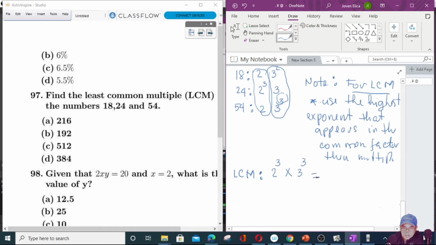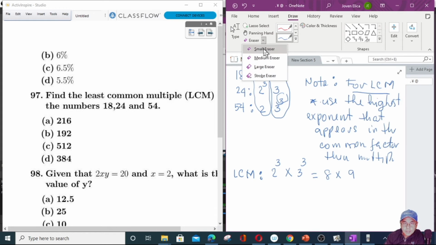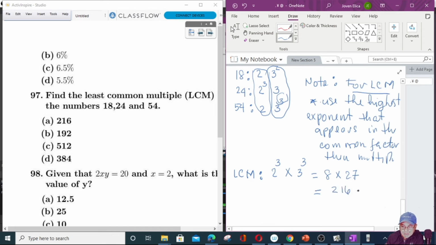So to simplify, this is 8 multiplied by 27. 8 times 27 is 216.